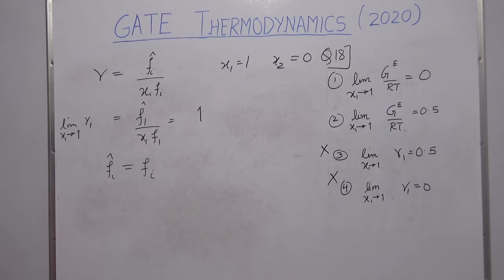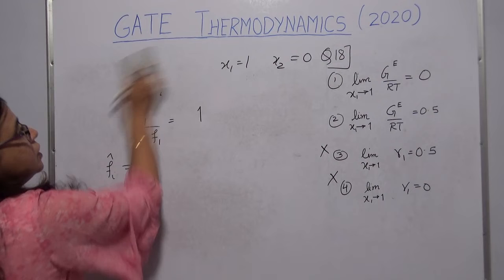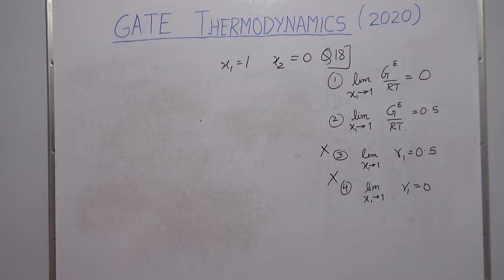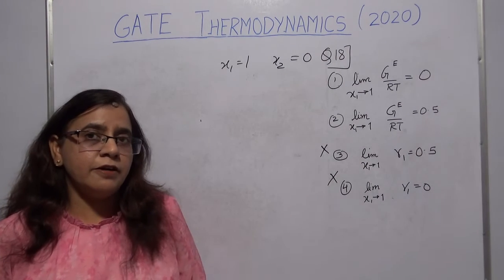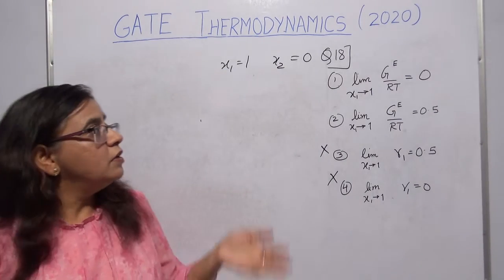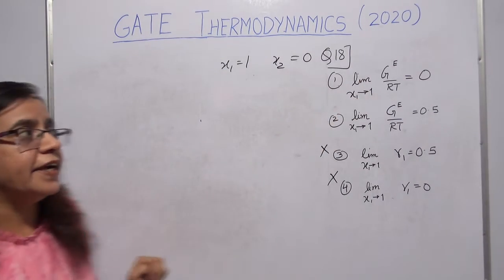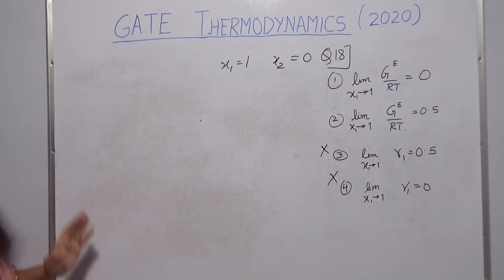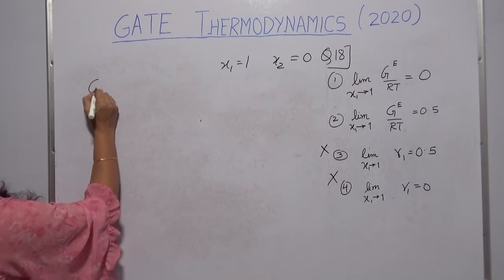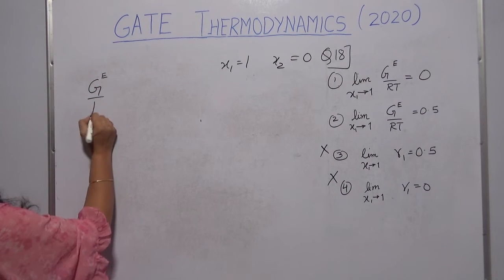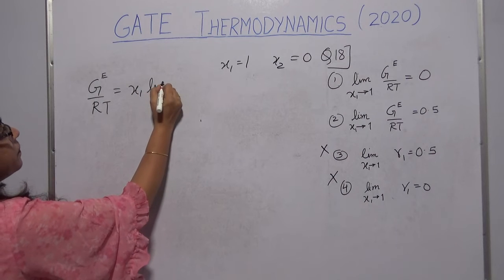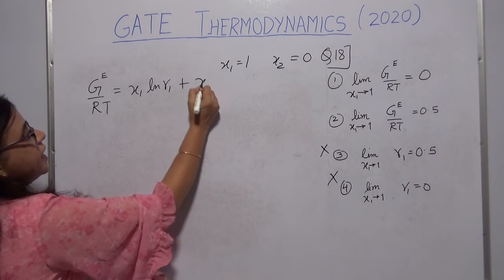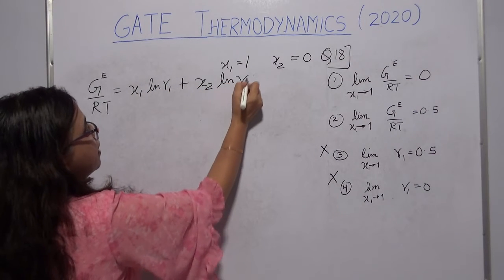Now let's quickly see then what is GE by RT. We all know that ln gamma is a partial molar function with respect to GE by RT. So after applying my summability rule, I can write for the solution that GE by RT for a binary mixture is x1 ln gamma 1 plus x2 ln gamma 2.